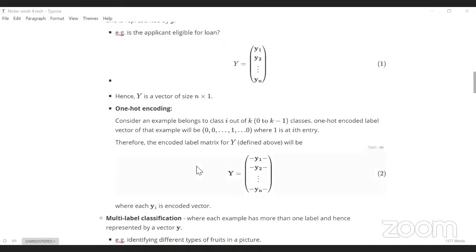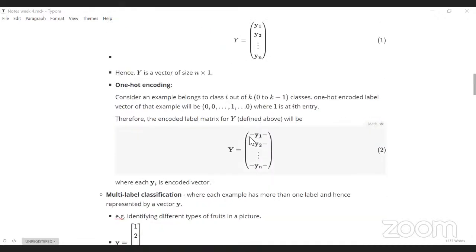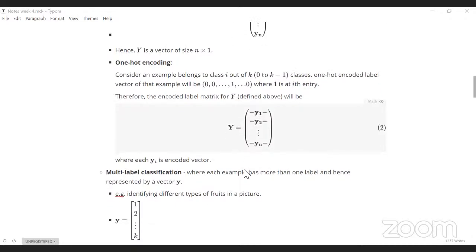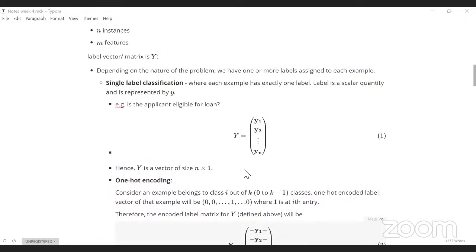For n examples, we write the encoded vectors as rows. In that manner, we get an encoded matrix of size n cross k, because if there are k classes, there will be k columns and n rows, one for each example. This is for the single-label classification problem.